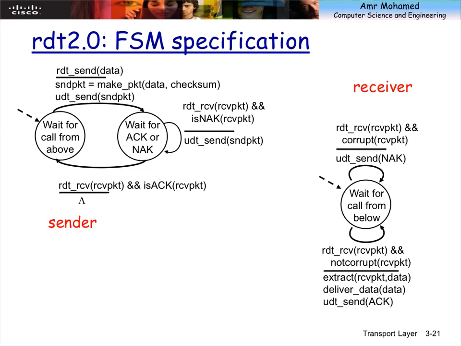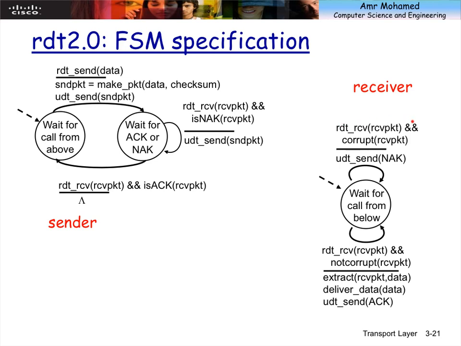So all I need to do is check if it's corrupted. Corrupted here means that I need to generate the checksum and match it with the one that was sent from here, which is a very simple operation. When I do this, I will figure out whether this packet is corrupted or not. Corrupted means that it's an error.